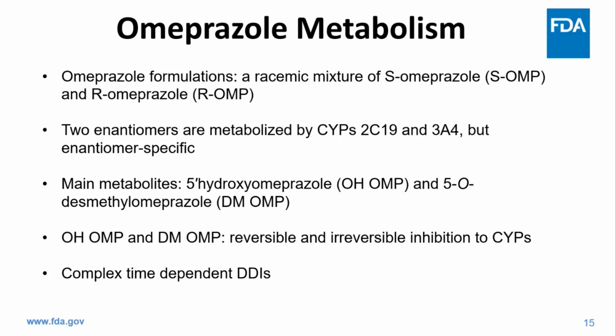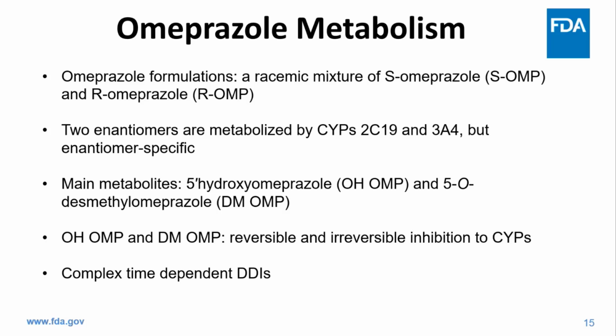Omeprazole formulation contains a racemic mixture of S-omeprazole, in short S-OMP, and R-omeprazole, in short R-OMP. So enantiomer-specific metabolism is observed with omeprazole, as the two enantiomers are both metabolized by CYP2C19 and the 3A4 enzyme, and the contributions of these enzymes are analyzed in vitro and reported to be enantiomer specific, which means with different rates for different enantiomers.